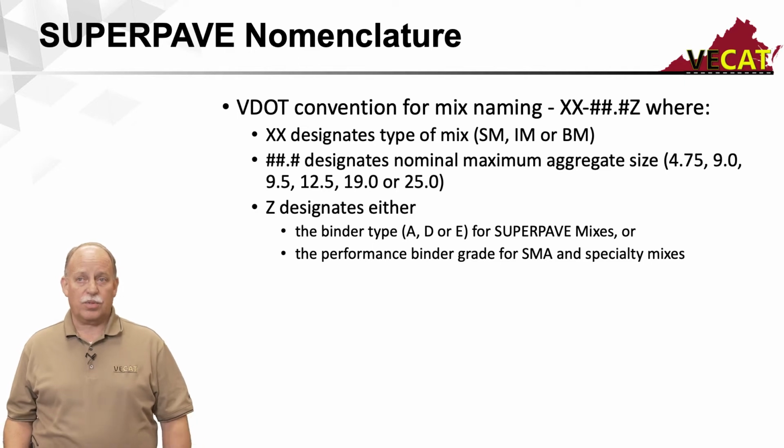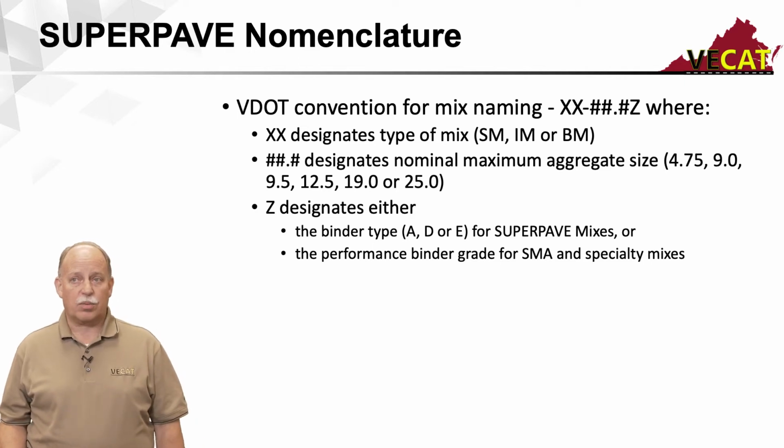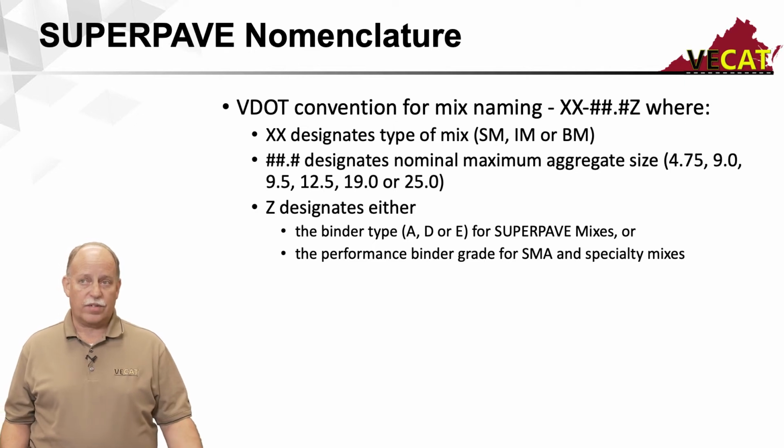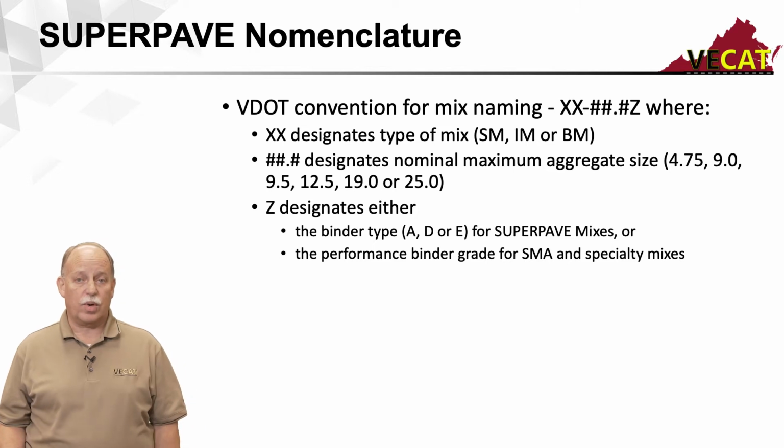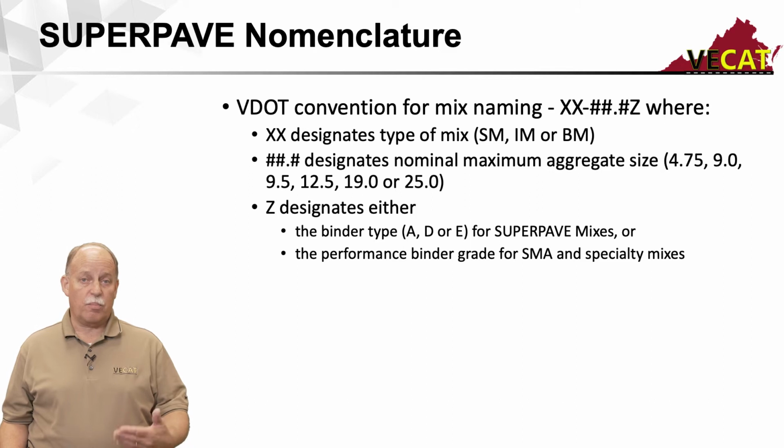Our pound symbols designate the nominal maximum aggregate size. So we have 4.75, 9.0, 9.5, all the way up to 25.0. Again, if we go backwards, 25.0 millimeters, this is in metric. So remember that 25.0 is actually about 1 inch.